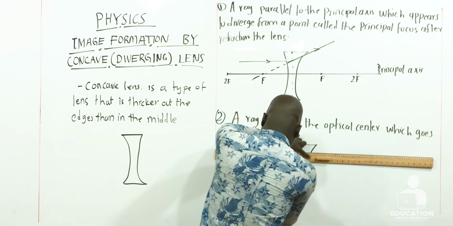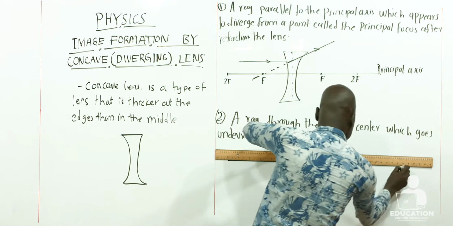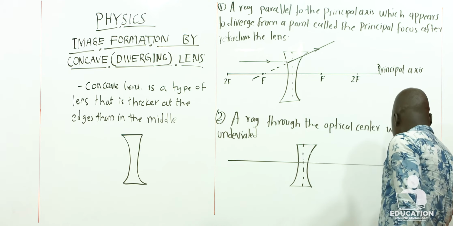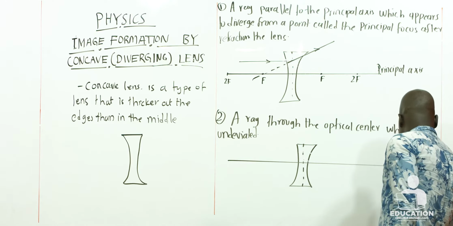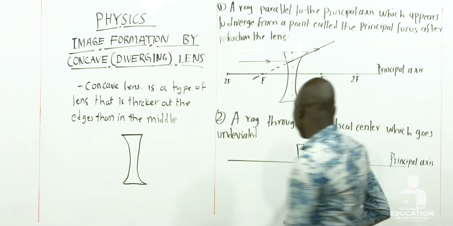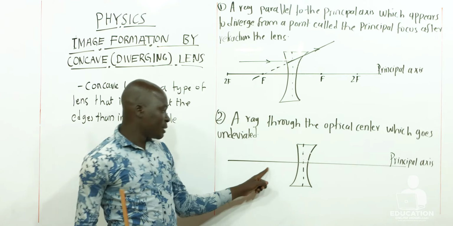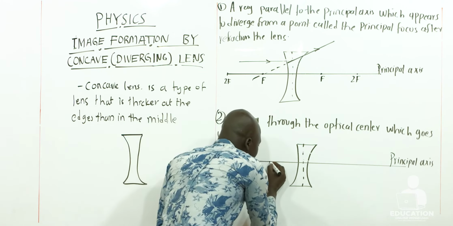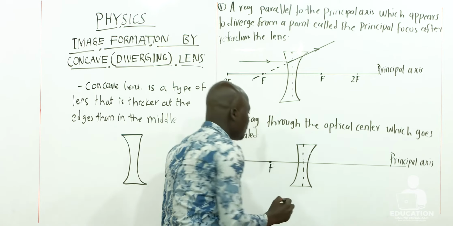So this is the principal axis of the lens. Now there are points on the principal axis, and those points we call the principal focus. And the principal focus is on both sides of the lens.